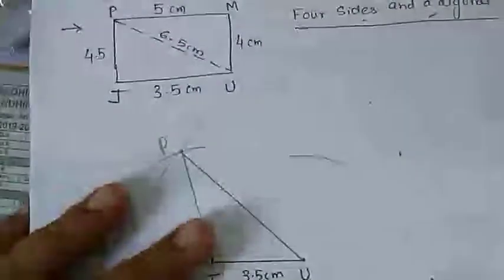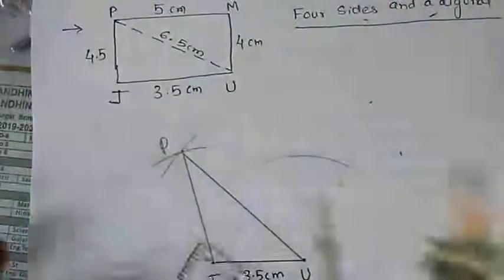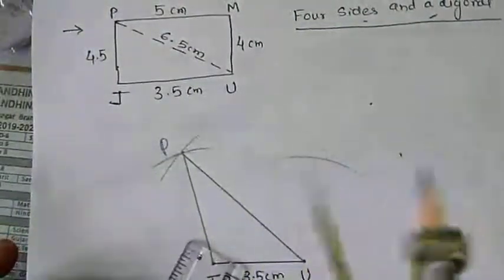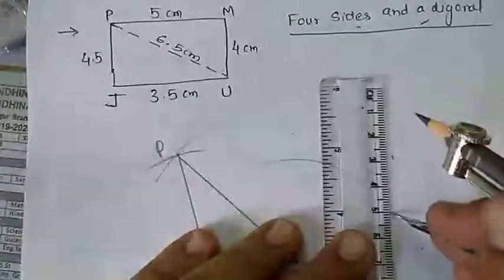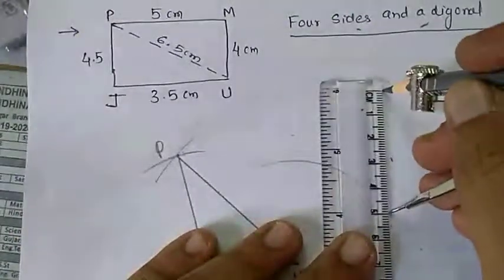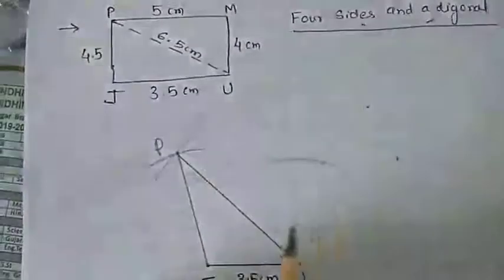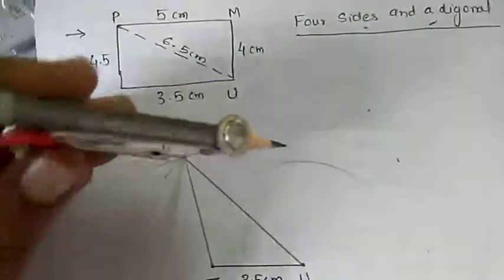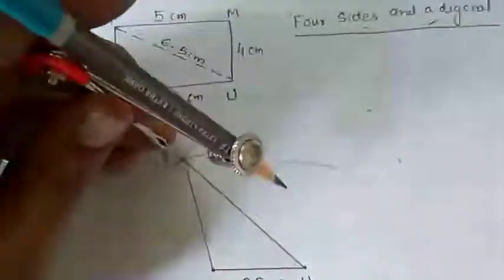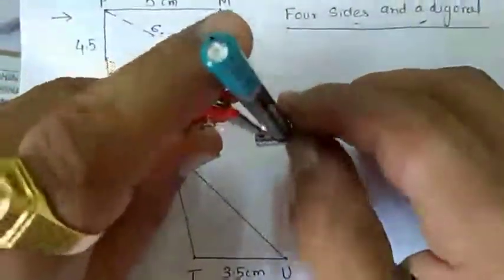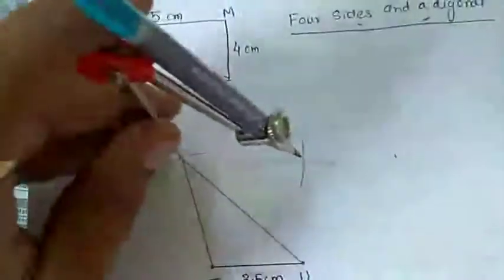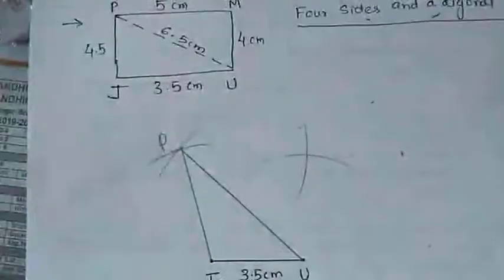Okay friends, and from P to M distance is 5 centimeter. So again, with the help of scale, we will take 5 centimeter and P is center, and we will just intersect it.